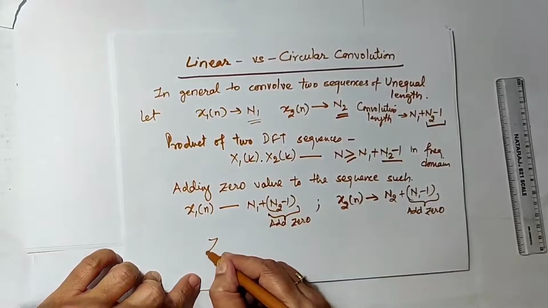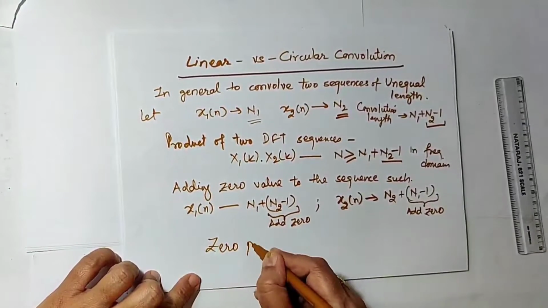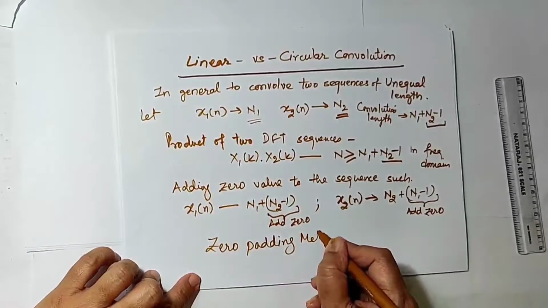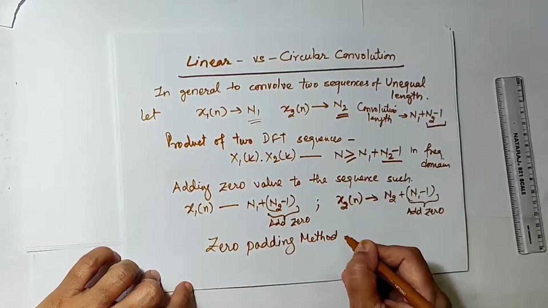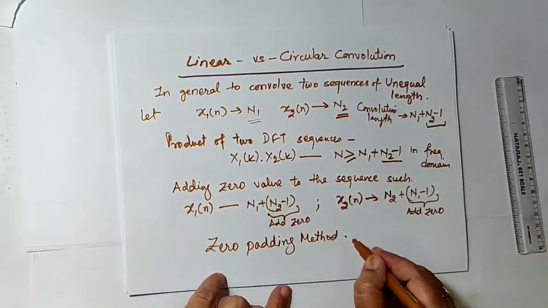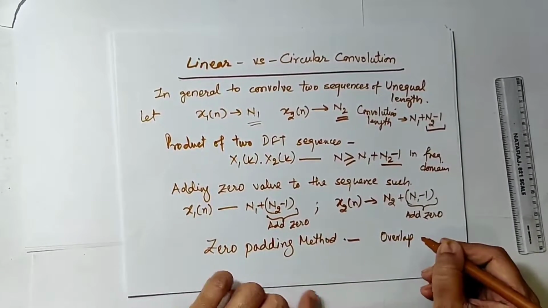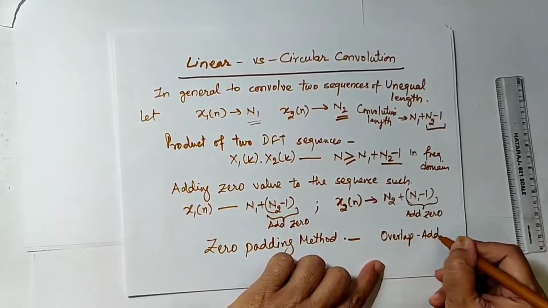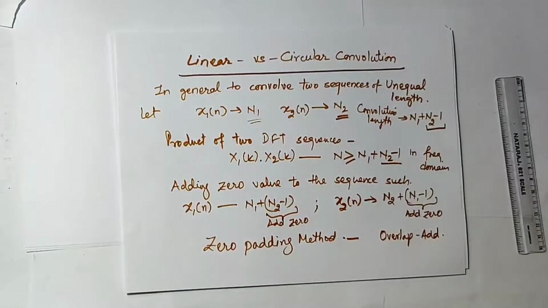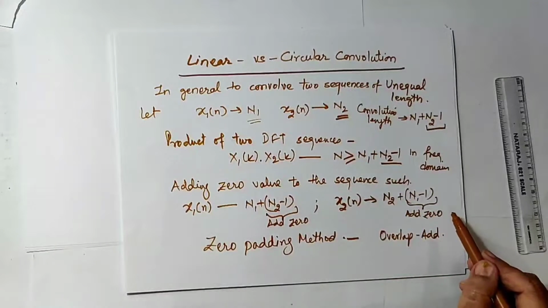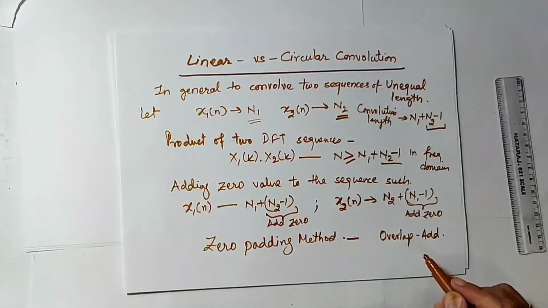Then this method is called the zero padding method, and this is also known as the overlap add. It means this limit is giving overlapping, but the overlapping will be adjusted or manipulated with 0.